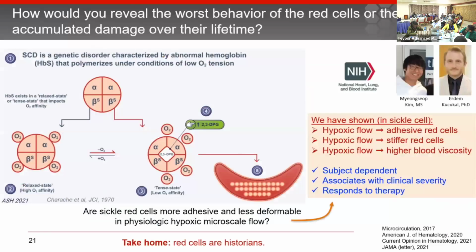We study these red blood cells under hypoxic and normoxic conditions. Thereby we understand how they flow under different motion, and also how they attach to different surfaces or proteins in the microfluidic assays.